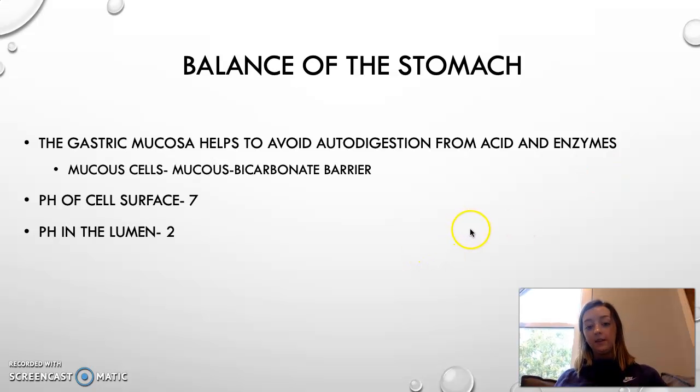It is important to note that when the stomach is irritated, more mucus is produced in order to calm this irritation and protect the stomach.